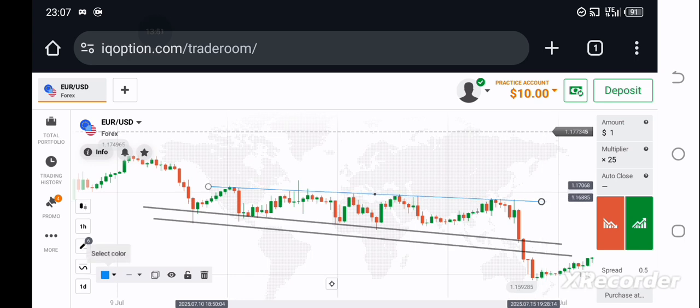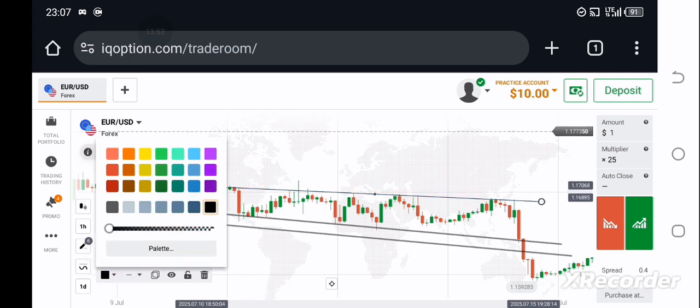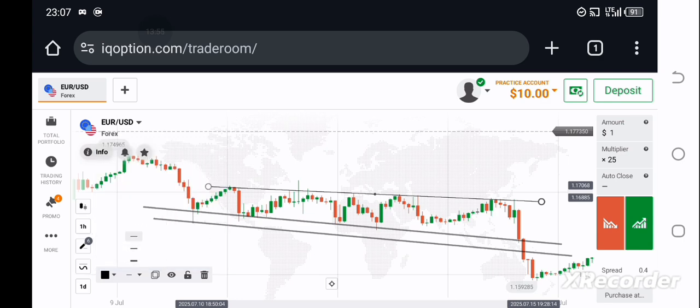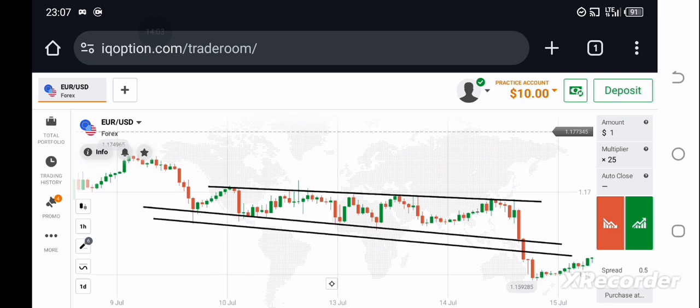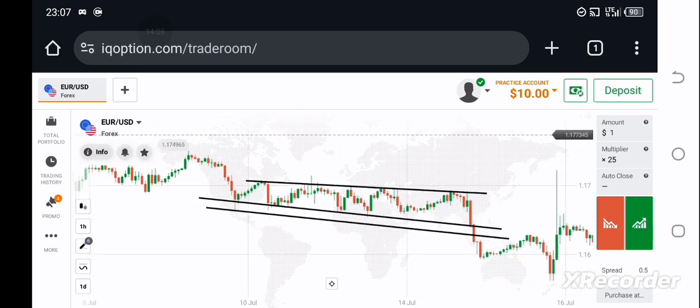I've connected the top. Basically, you just find a trendy market. Once you see a trendy market, the next thing is to connect two areas, or if you are drawing the trend line, make sure that you have the most number of touches. Make sure it is touching most of the levels.